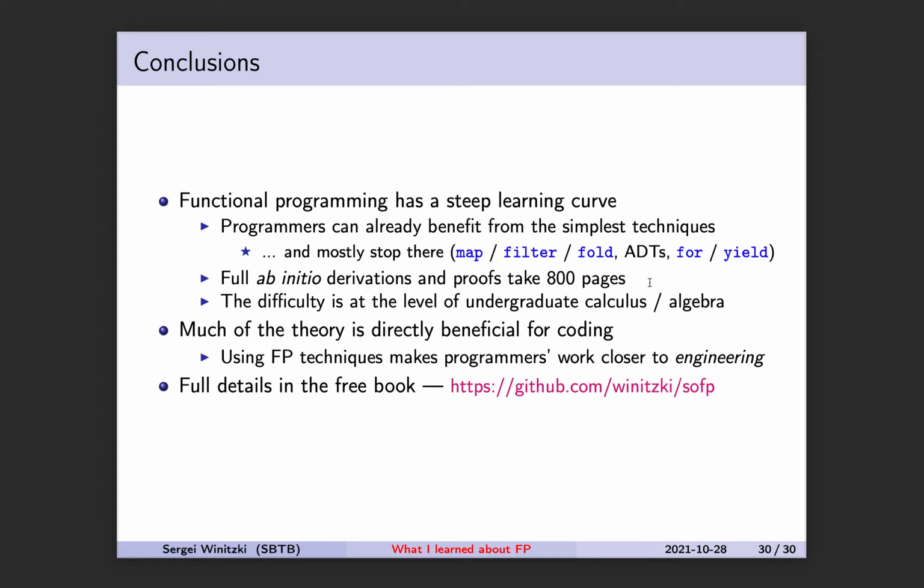Where engineering designs are based on mathematical computation, the engineers themselves don't have to prove all the theorems as they work. They use the results of proofs. Just like programmers who use functional programming use the results of all these proofs, they do not have to do the proofs as they code. So that makes programmers work really a bit closer to engineering.